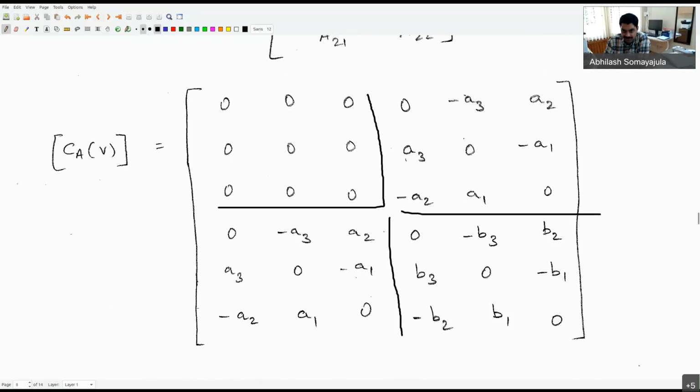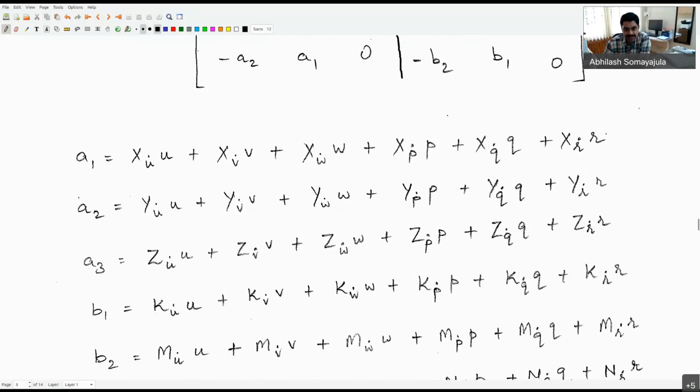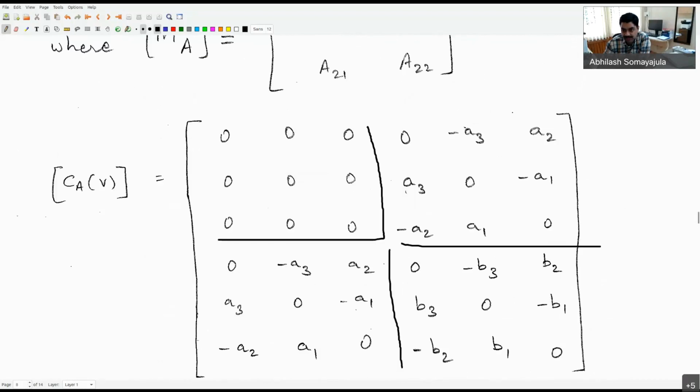Everybody with me so far? Now, what is there in these terms? That is tricky. If I look at what is coming in these terms, A1, A2, and A3, which are coming here and here, and B1, B2, and B3, which are coming here.